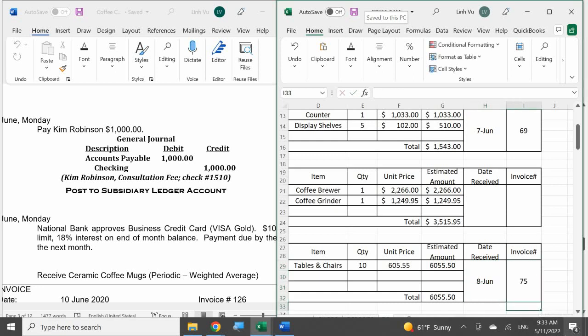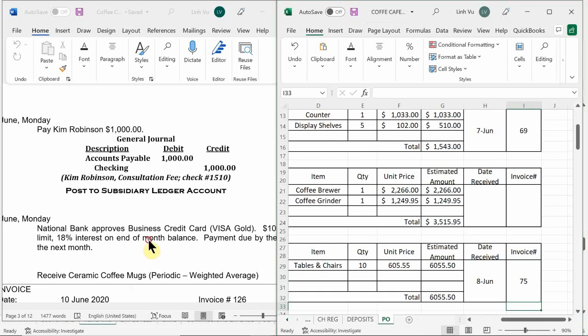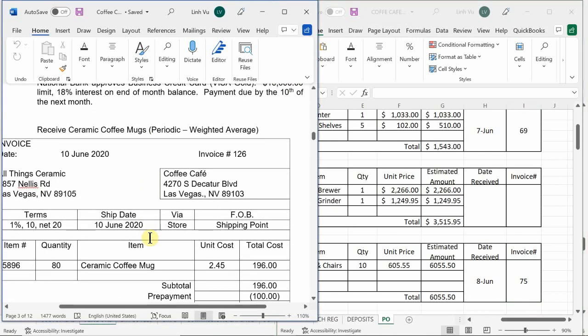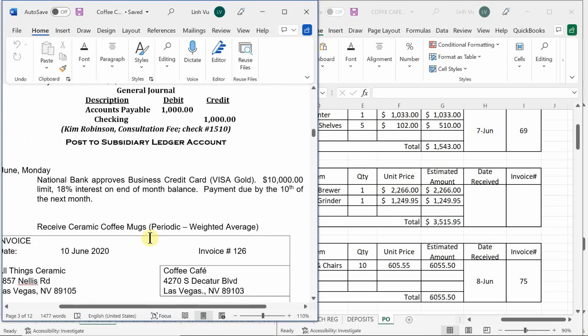So in this case, now I end up receiving another invoice from All Things Ceramics. And check this out. When I received the ceramic coffee mugs from All Things Ceramics, we're gonna consider this as periodic inventory, and we're gonna be using the weighted average costing method.